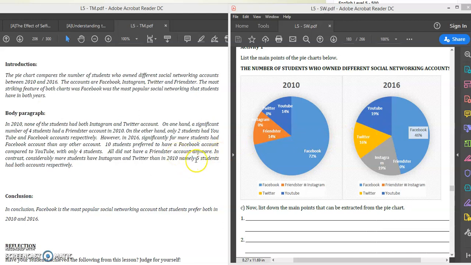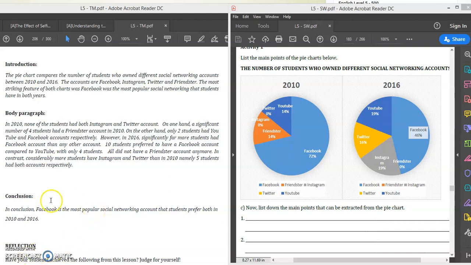In contrast, considerably more students have Instagram and Twitter than in 2010. So, 2016 and 2010. If you notice here, we're not just describing what is there in the graph, we are also comparing. That's how you write a good analysis.